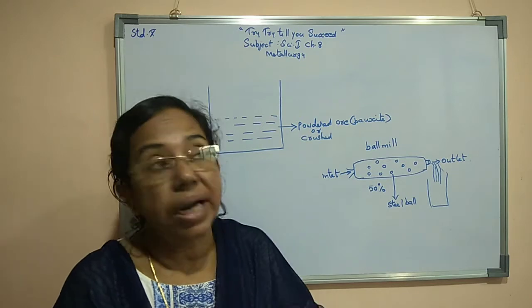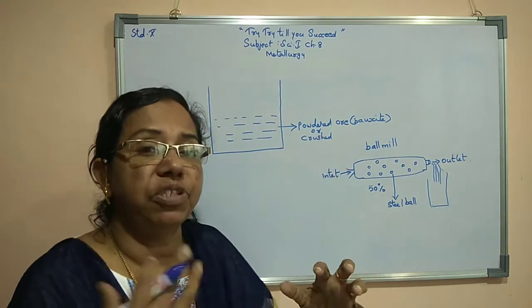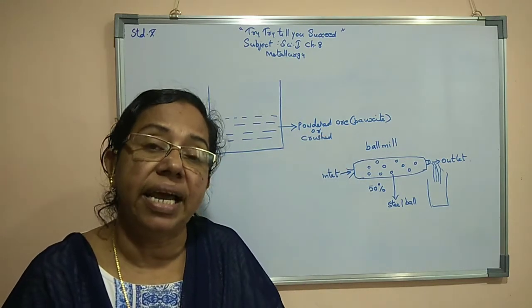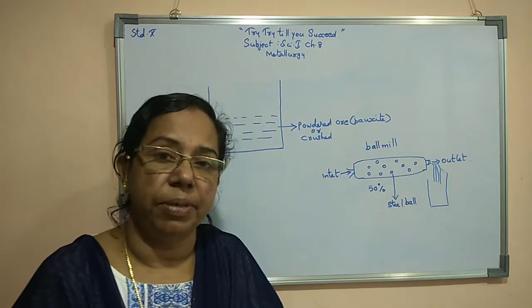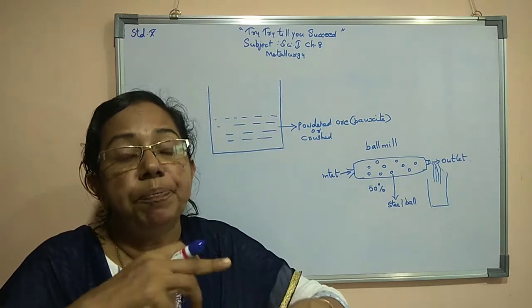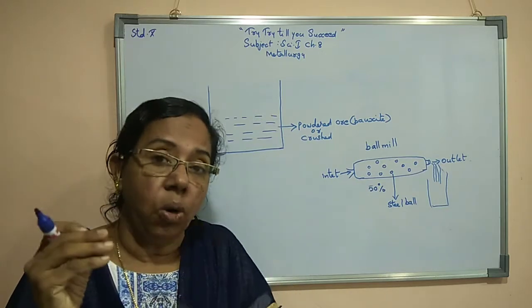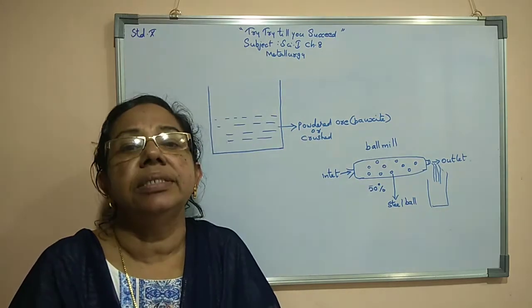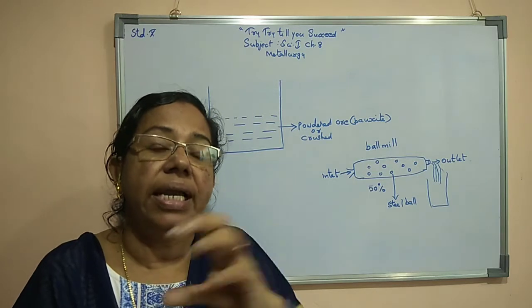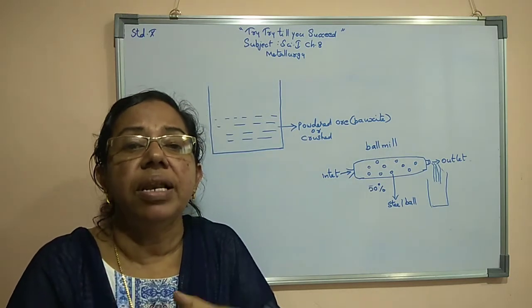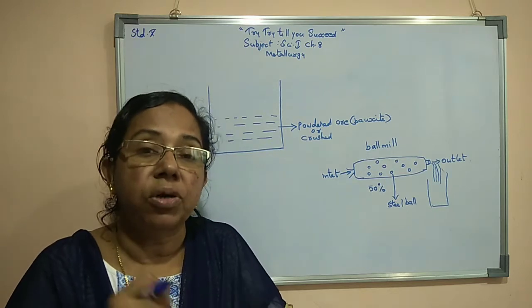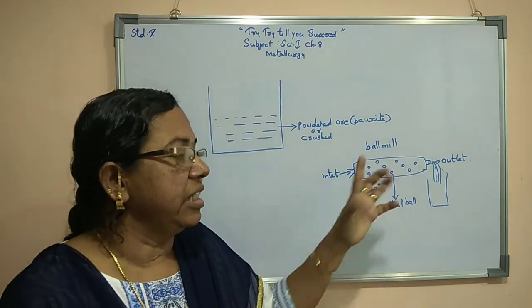Now bauxite ore contains, as I said, different types of gangue particles like iron oxide, silica and titanium oxide. Plus these three gangue particles plus the exact or real bauxite, that is aluminium oxide. All these will become powdered because of the collision between these balls.